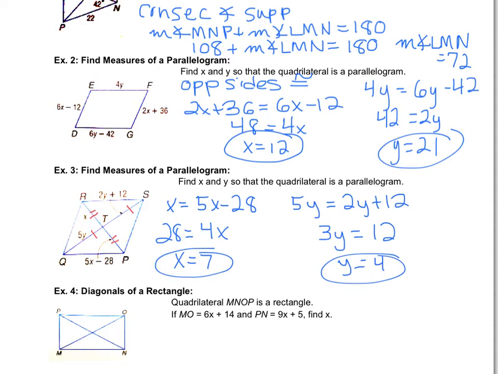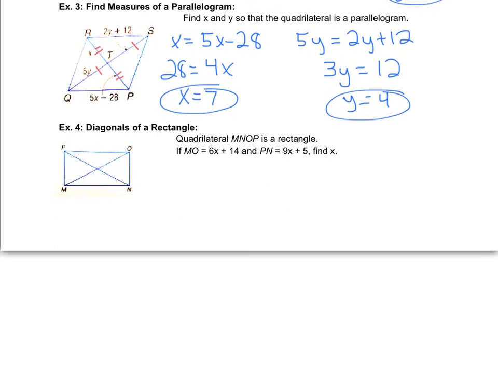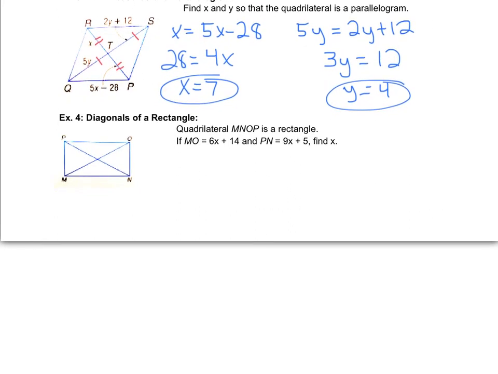Moving on, the next type of example we have here is starting to talk about more of our special types of parallelograms, and this is a rectangle. So if we have a rectangle, MNOP here, and we know that MO is 6x plus 14, and PN is 9x plus 5, I hope you can agree with me that MO and PN are both diagonals.